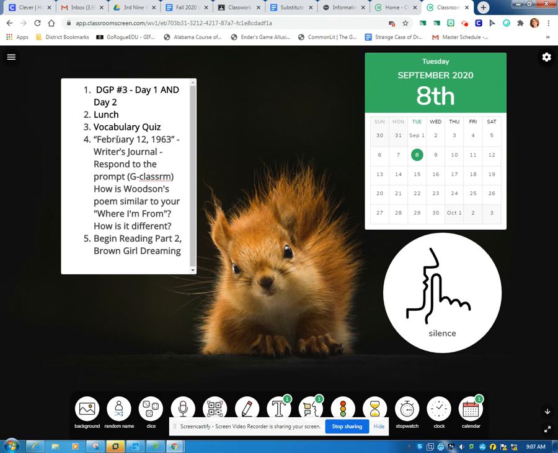After your vocabulary quiz, you're going to go back to Google Classroom and open up the assignment called February 12th, 1963. You're going to be using your writer's journal for this activity. So that means you're going to go to your drive and search for your writer's journal.